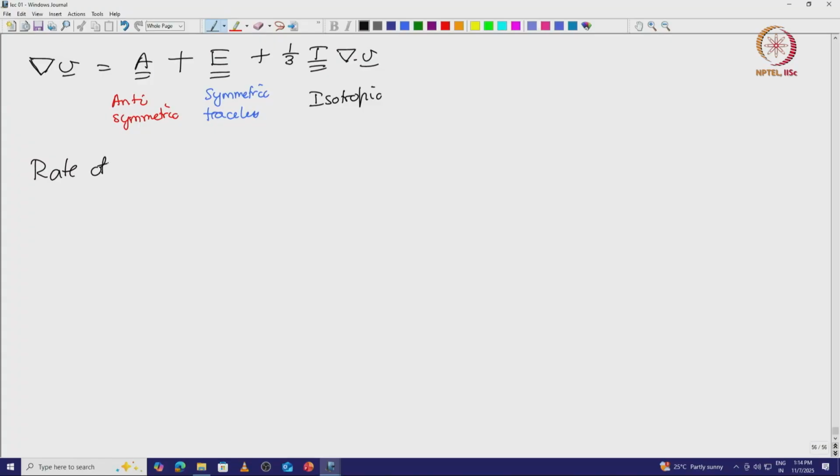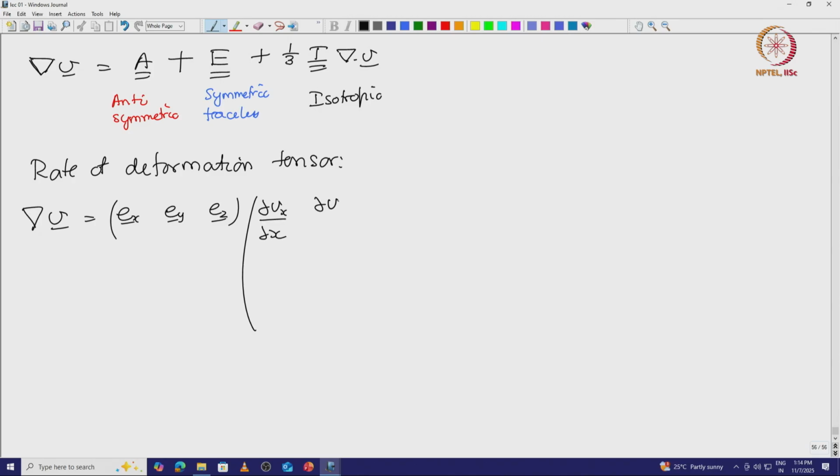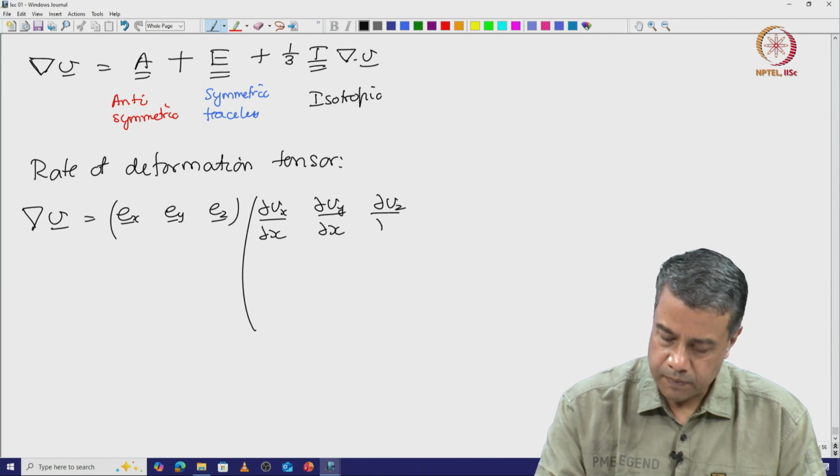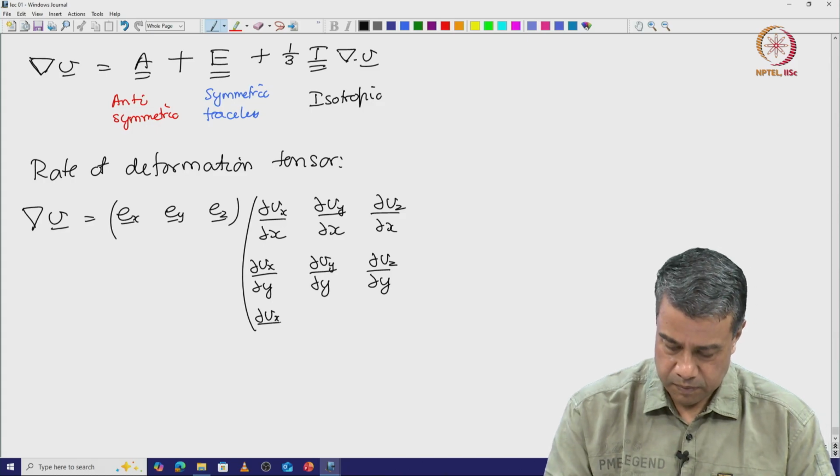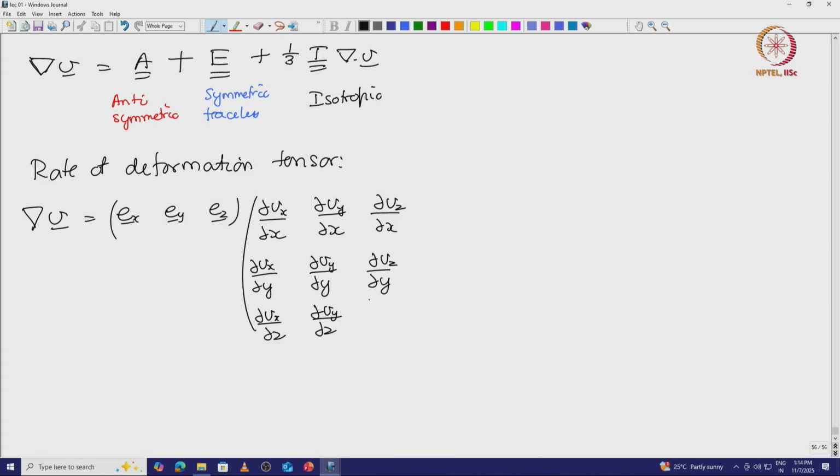So, in the last lecture we were discussing the rate of deformation tensor. The gradient of the velocity, expressed with the unit vectors.